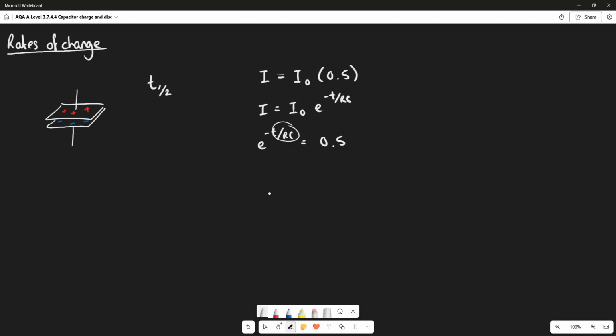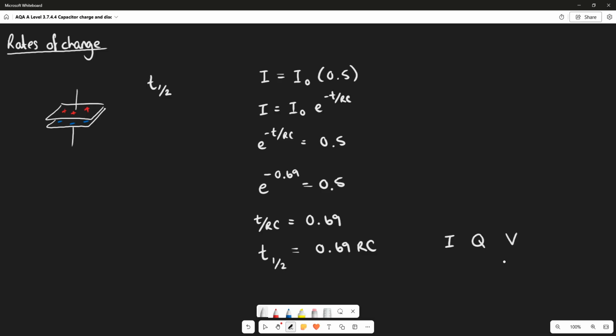If we solve for the power, we find that this is true, and therefore T over RC is 0.69, and therefore the time for halving must be 0.69 RC. This works for values for current, for charge, and also changing voltage.